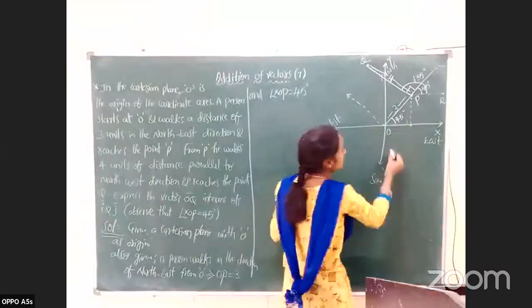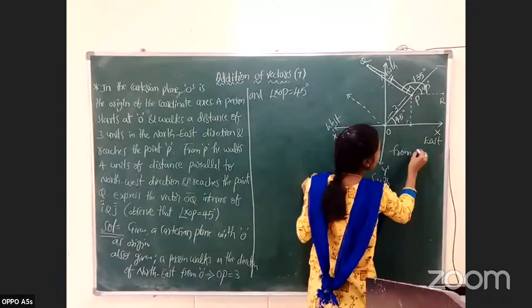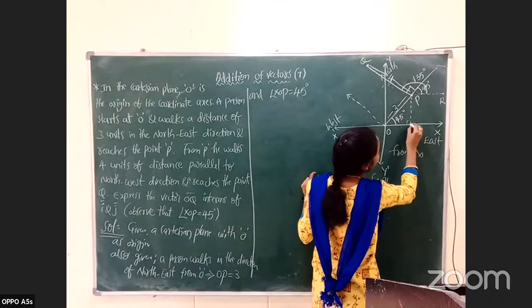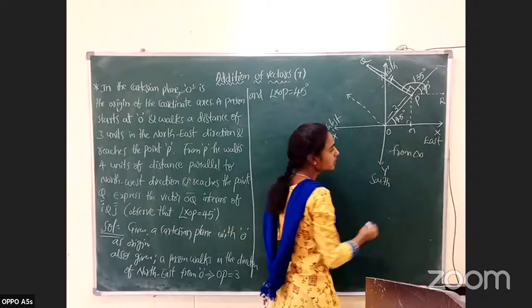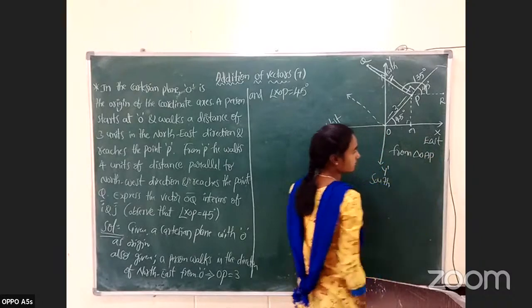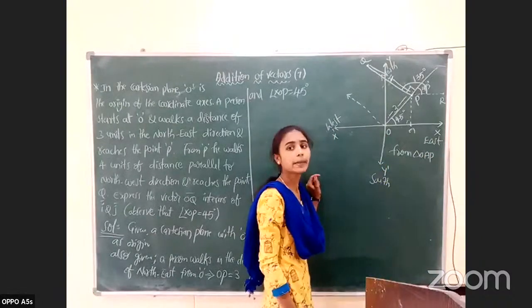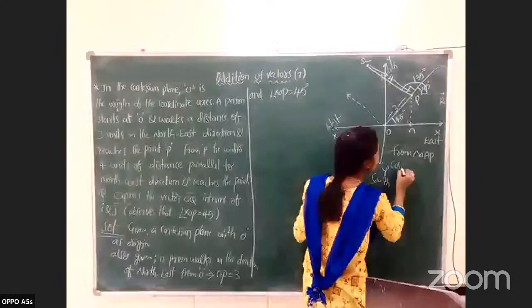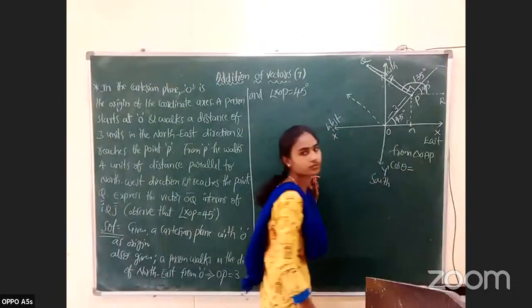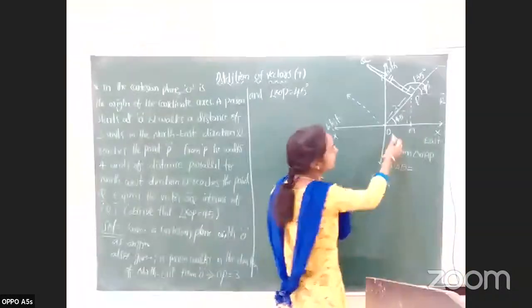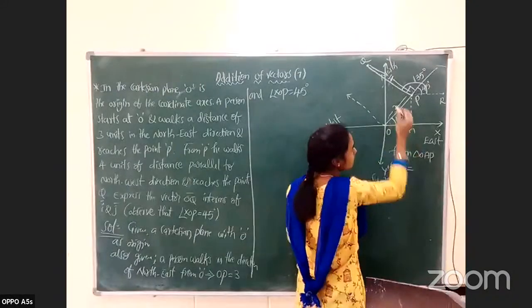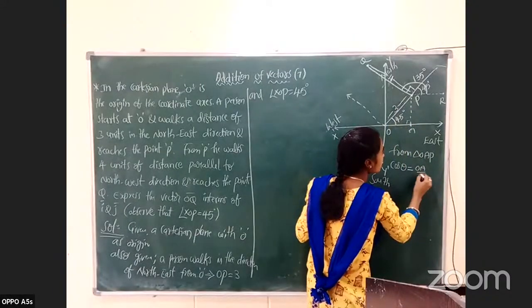So let this be a triangle OAP. From triangle OAP, cos theta is equal to OA by 3, right? OA by 3.